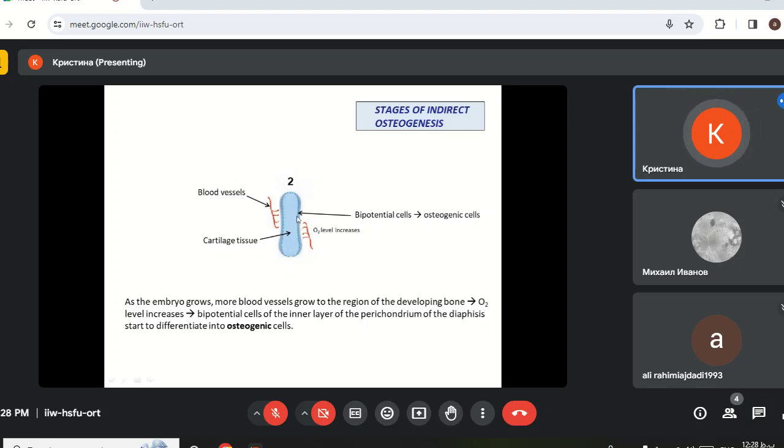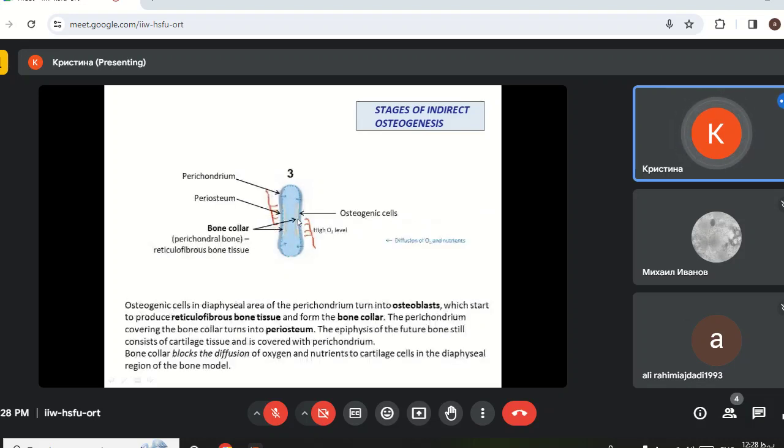And what will happen? These bipotential cells become osteogenic cells, and they start to form bone tissue here, just below the perichondrium, in the area of the future diaphysis of our bone, here and here.